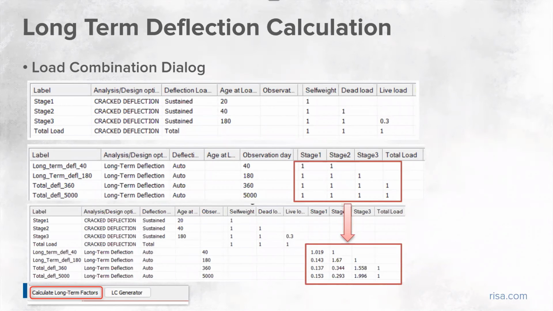So what this means is that your total long-term deflection at 40 days will be equal to 1.019 times your deflection at stage one plus 1.0 times the deflection for the load combination stage two. So this multiplier will be used to multiply each individual stage deflection in order to get the total deflection at that stage. So I will be showing an example in the next slides. Nate, can you go to the next slides?